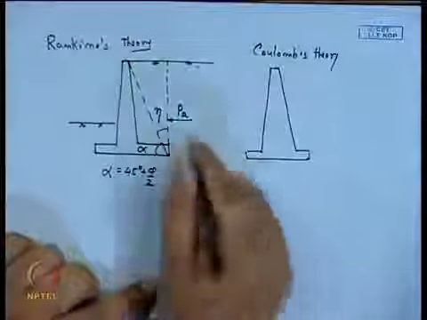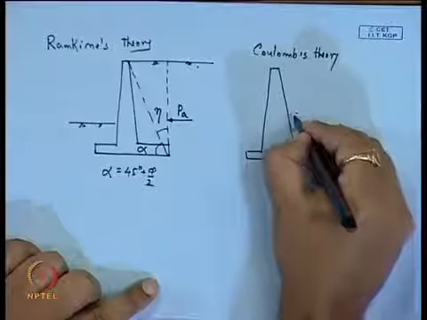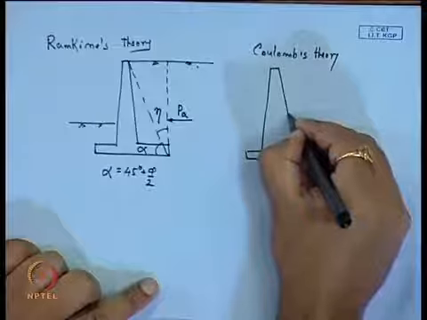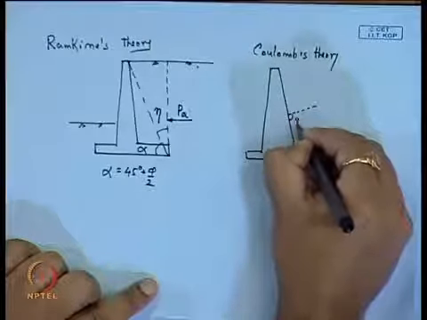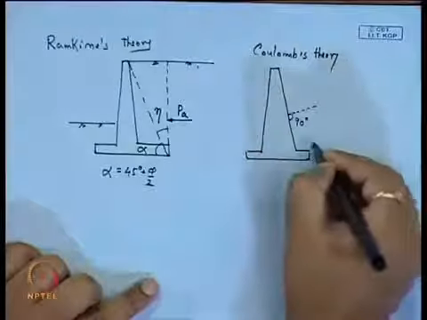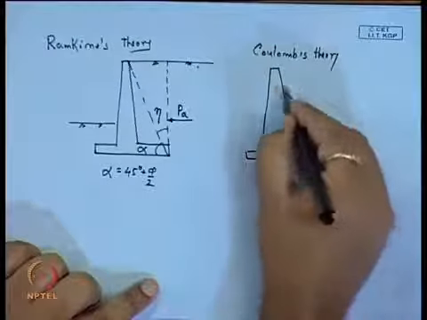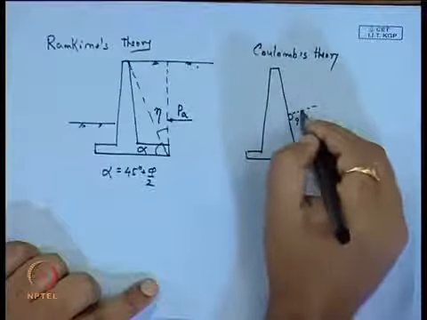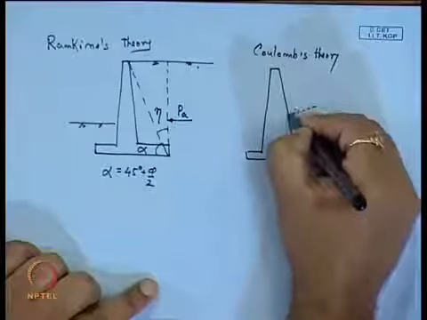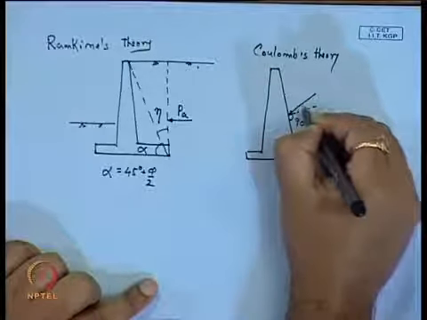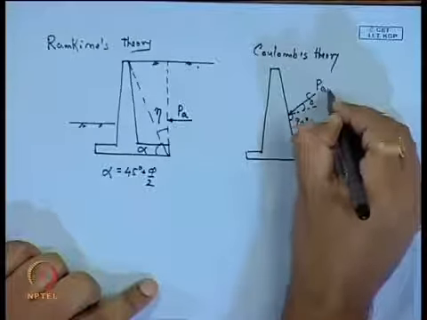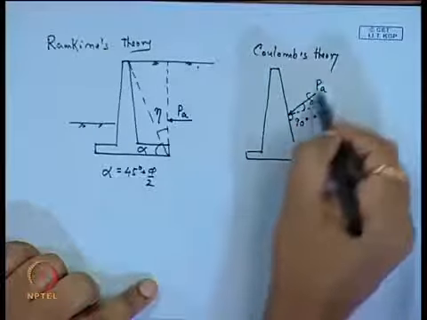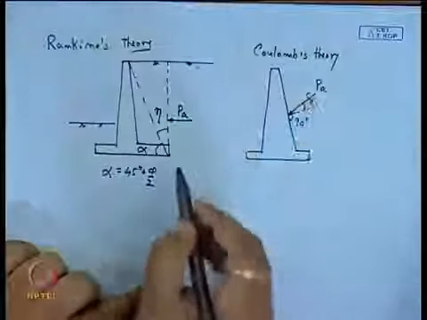Now, for the Coulomb's theory, if I draw a vertical line or perpendicular line, this is 90 degree perpendicular line to the face of the retaining wall, then P A will act with an angle delta from it.